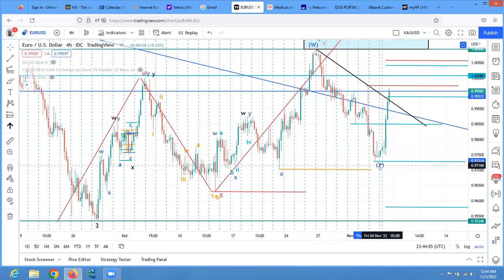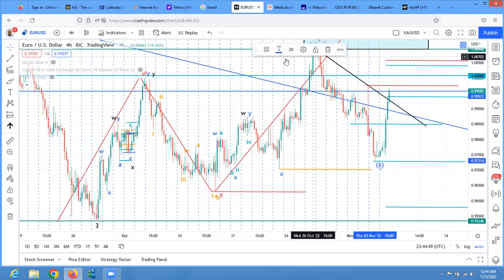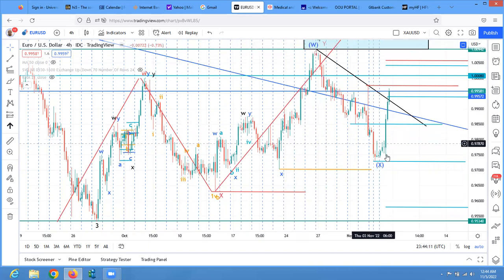So our reference now is the low here, the high here, and this is the new one for another 3 legs. So we need 3 legs, up and down. So this 1, 2, 3 is a move. And this is now a new X. So we're going to see this one as a 1.